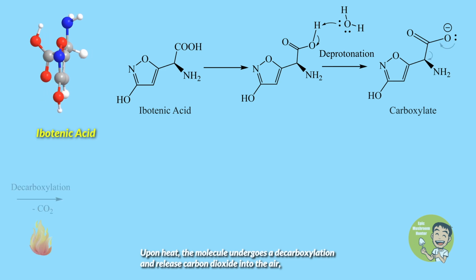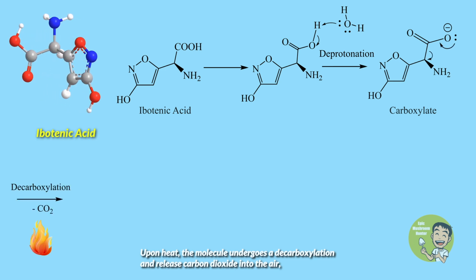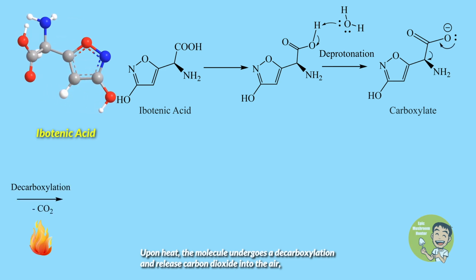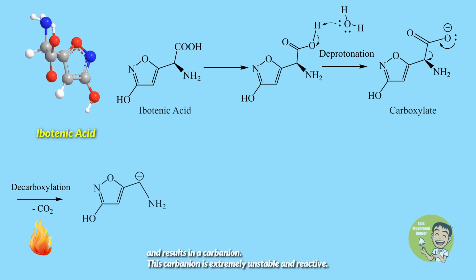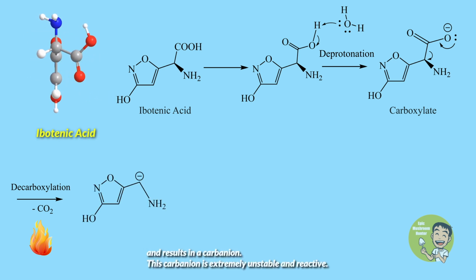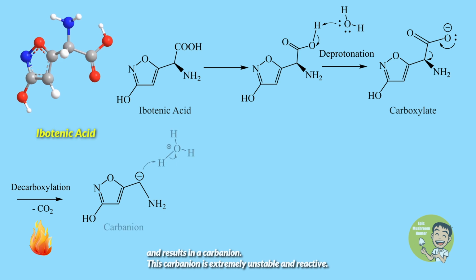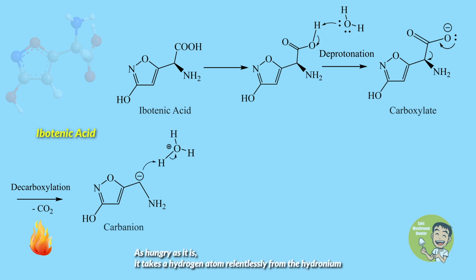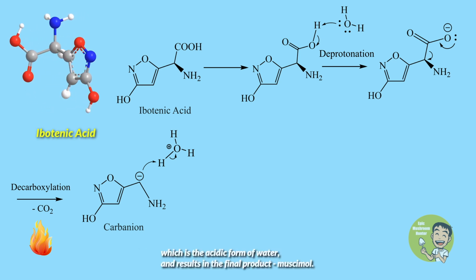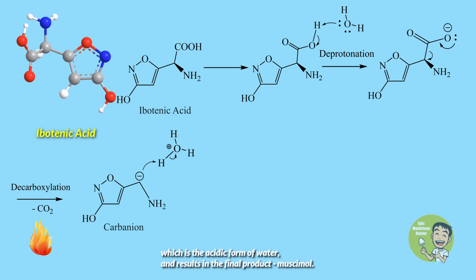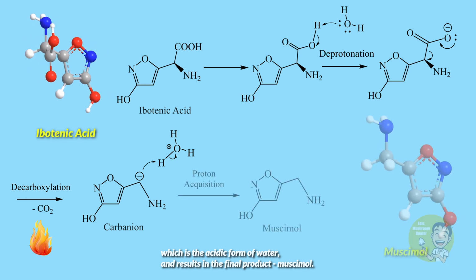Upon heat, the molecule undergoes decarboxylation, releases carbon dioxide into the air, and results in a carbanion. This carbanion is extremely unstable and reactive. As hungry as it is, it takes a hydrogen atom relentlessly from the hydronium, which is an acidic form of water, and results in the final product, muscimol.